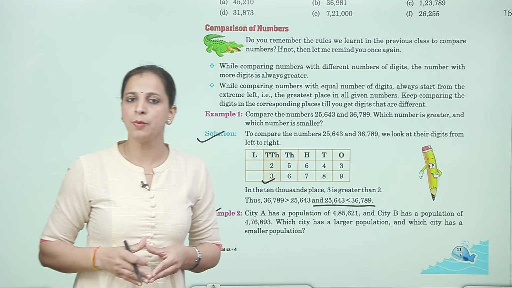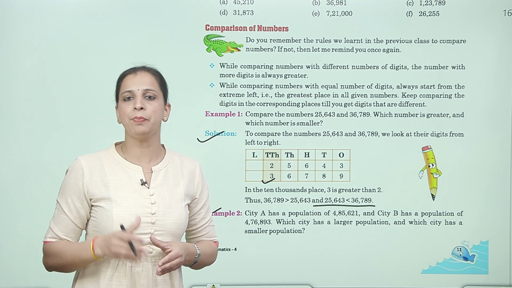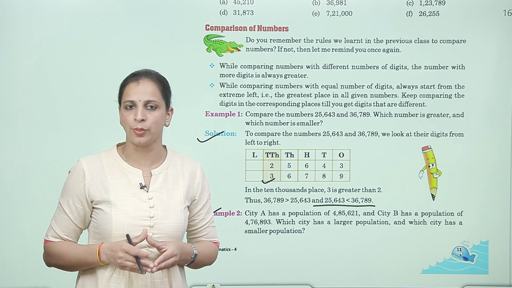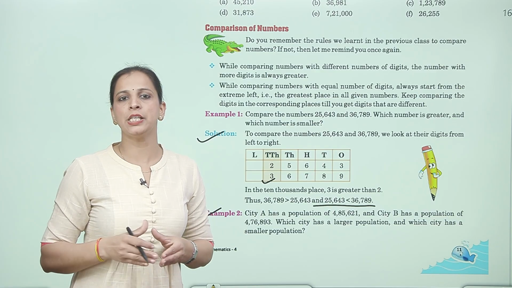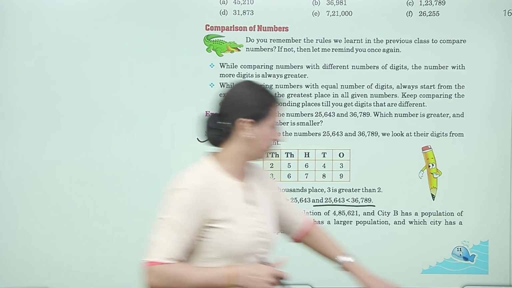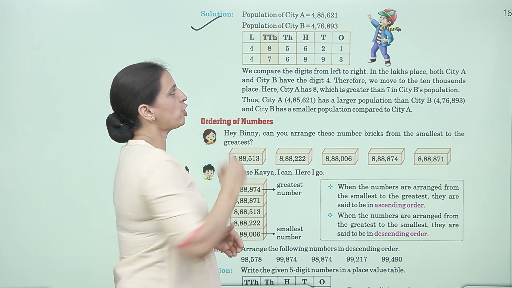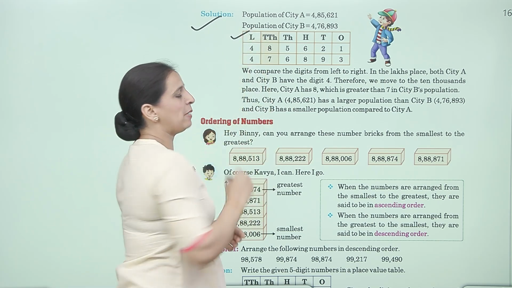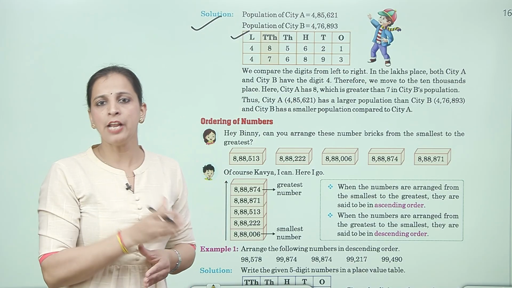Now, next example 2. City A has a population of 4,85,621 and City B has a population of 4,76,893. Which city has a larger population and which city has a smaller population? Now, solution. Population of city A, population of city B. Now, put them in place value chart. We compare the digits from left to right.